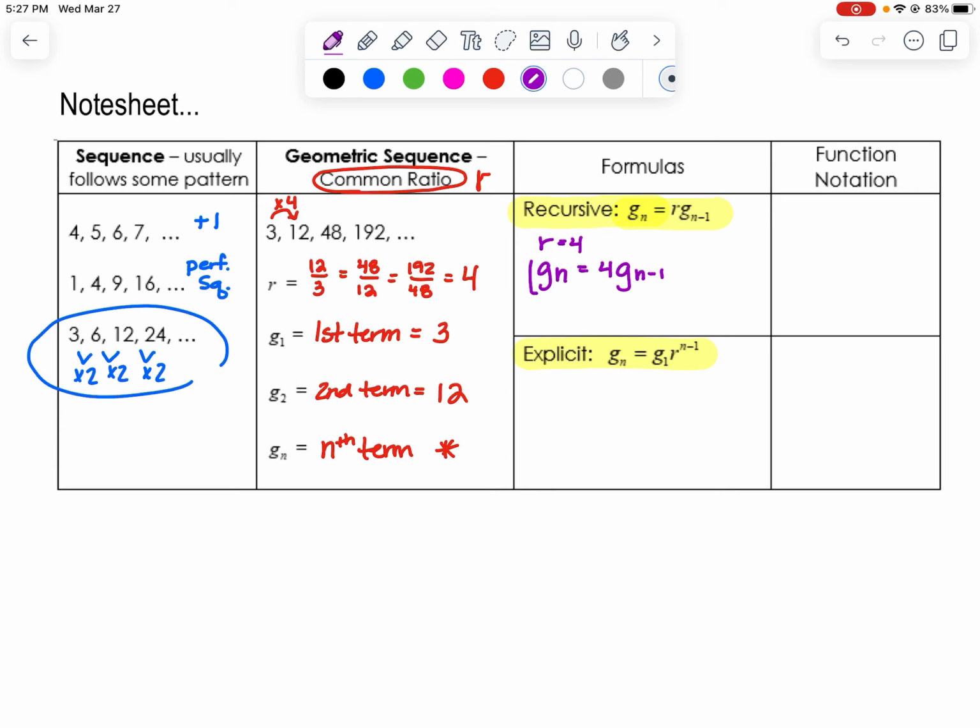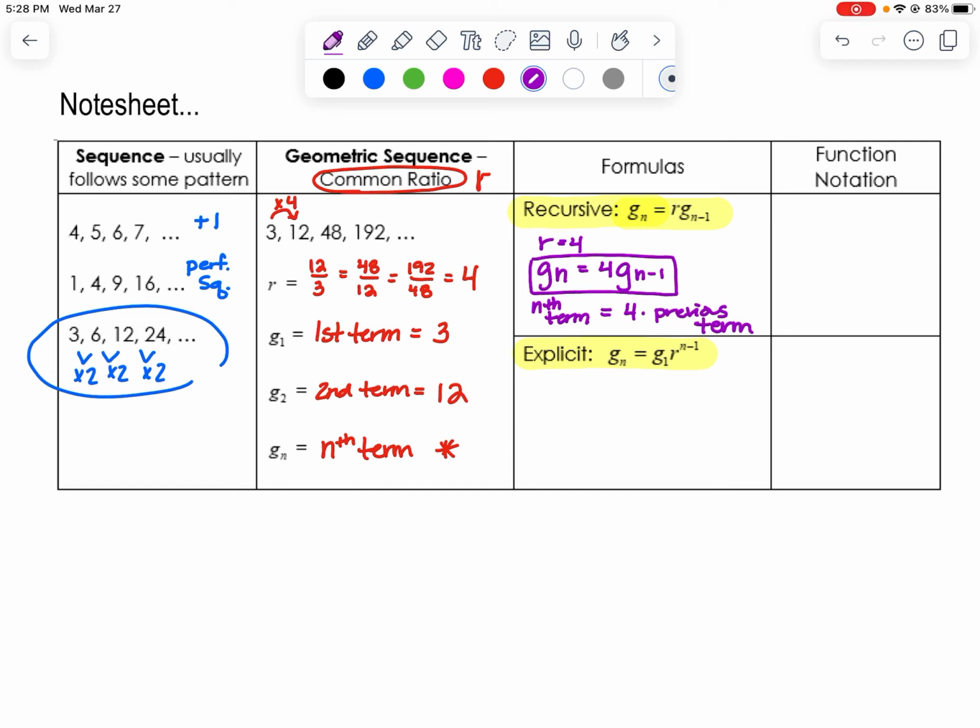So this is our recursive formula. But all that is saying is to find the nth term, you're going to take 4 times the previous term. That's all that is saying. The nth term is 4 times the one before it.